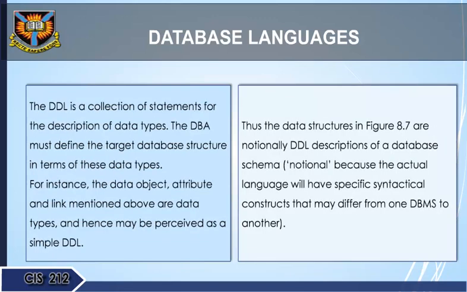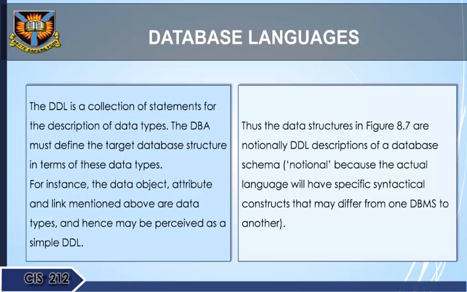The DDL is a collection of statements for the description of data types. The DBA must define the target database structure in terms of these data types. For instance, the data object attributes and links mentioned above are data types and hence may be perceived as a simple DDL. Thus, the data structures in Figure 8.7 below are notionally DDL descriptions of a database schema.